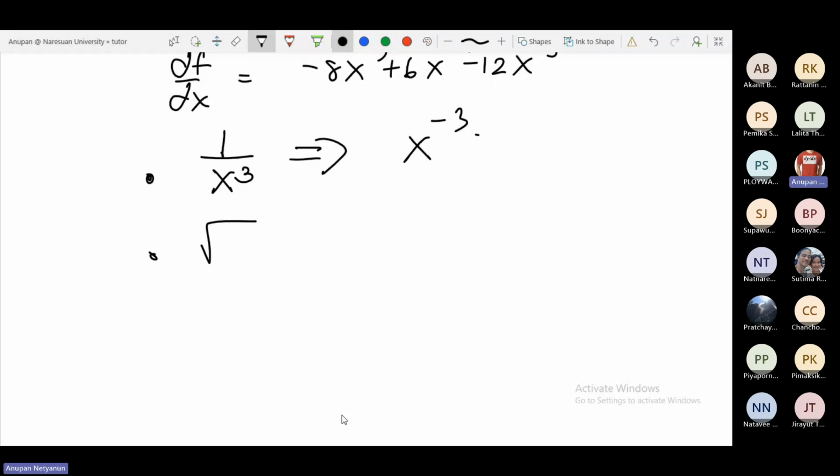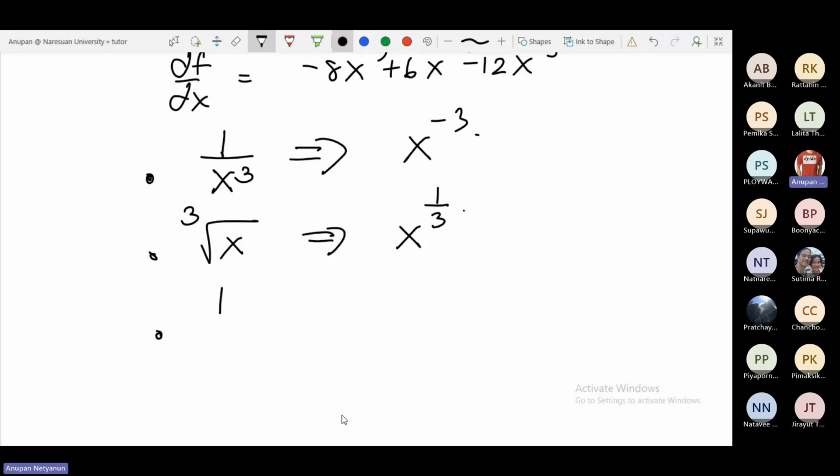Or if you have the cube root of x, you might want to change it, since the cube root is equivalent to x to the power of 1/3, right?